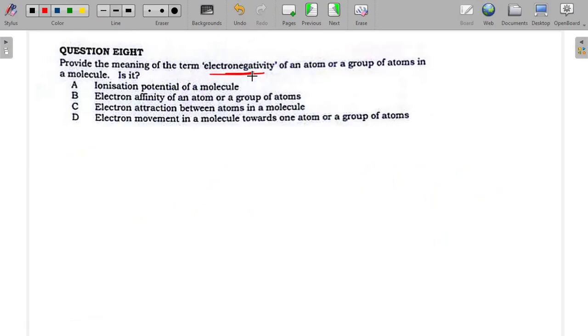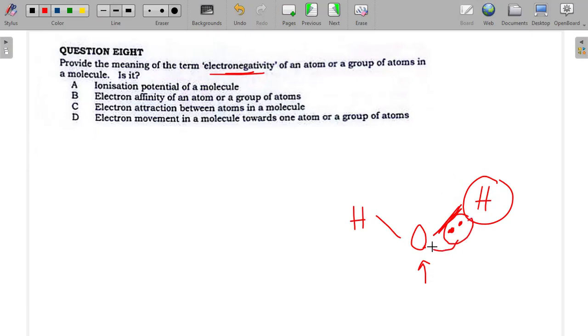So, for example, if I write a water molecule here, we know that oxygen there is more electronegative than the hydrogen, right? So in this bond here, there are 2 electrons that are being shared between this oxygen and this hydrogen.